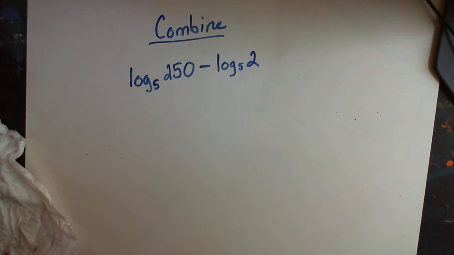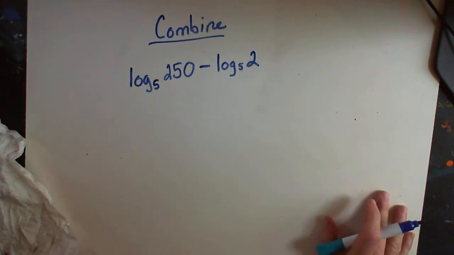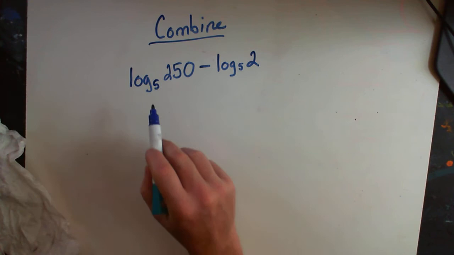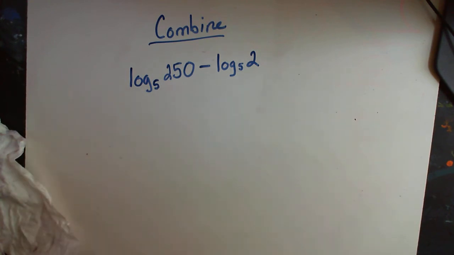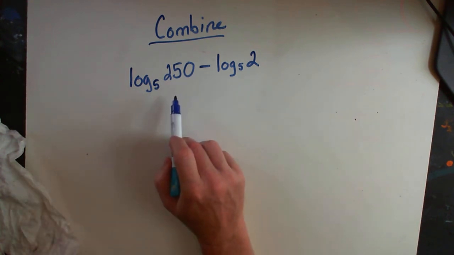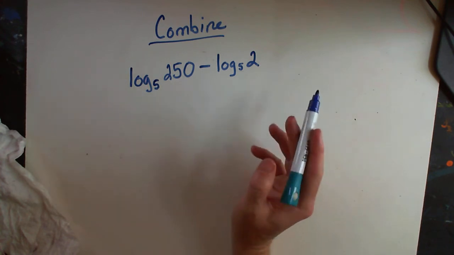So the other type of problem that we're going to see is combining problems. This is where you have multiple logarithms and you have to make them into a single logarithm. So let's say we had log base 5 of 250 minus log base 5 of 2. When we combine those, what we are basically going to be using is our difference formula.